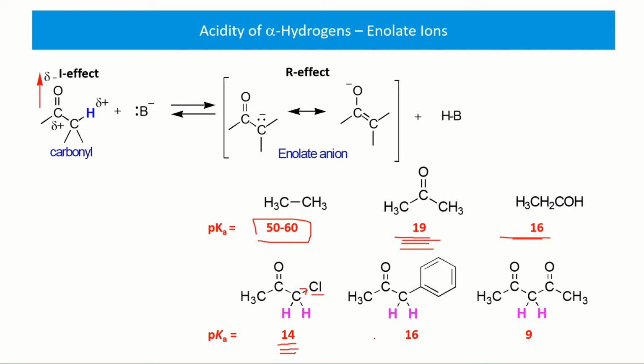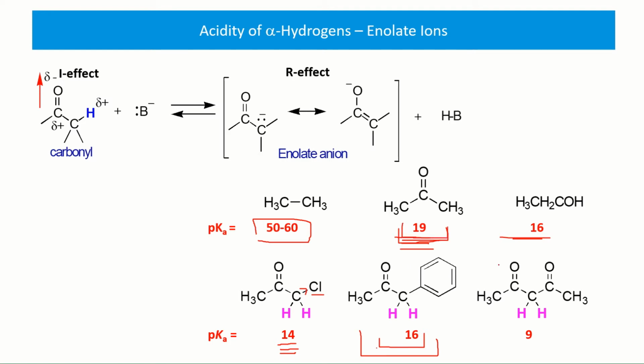Can you tell me exactly why this has a pKa of 16 compared to this? So this guy here, with the phenyl ring, is more acidic than the base standard acetone.